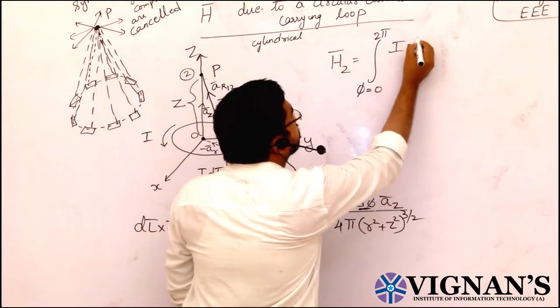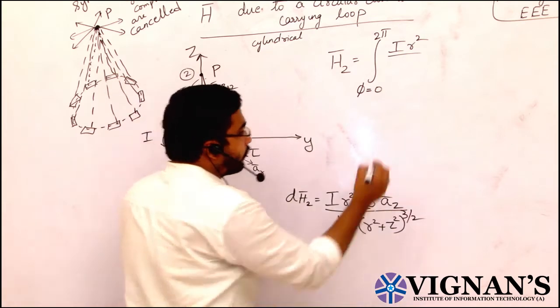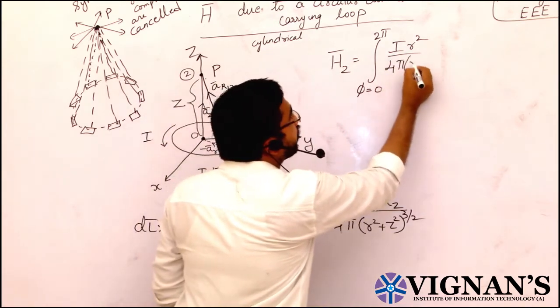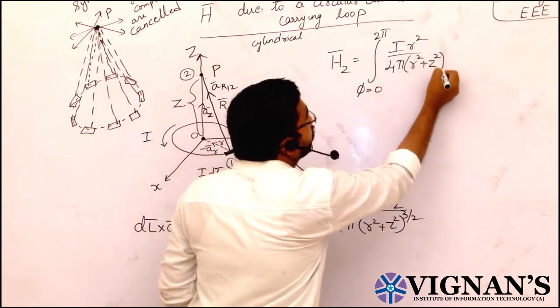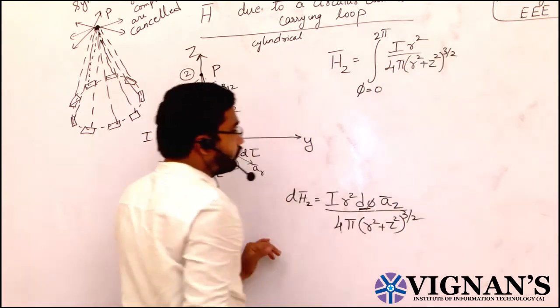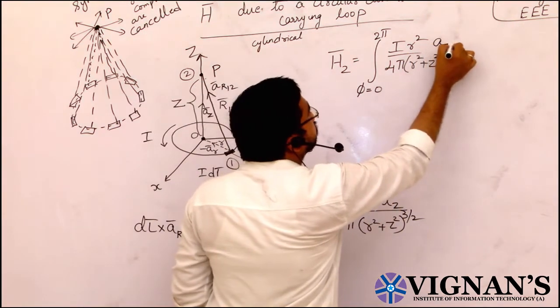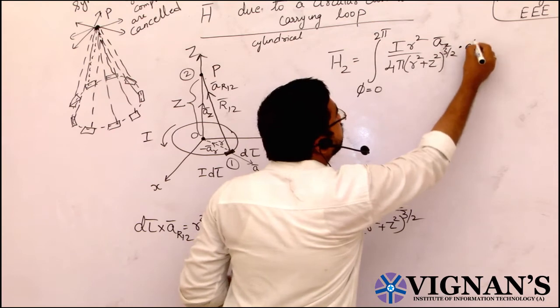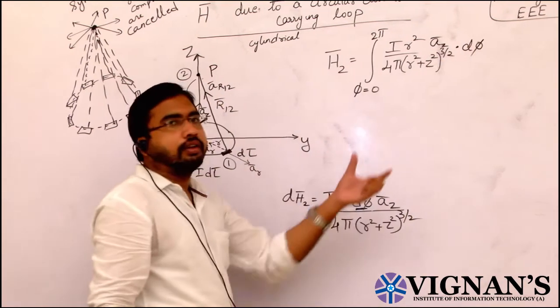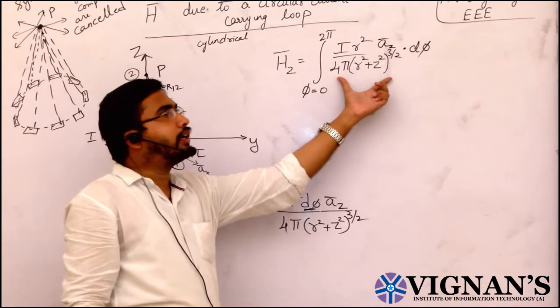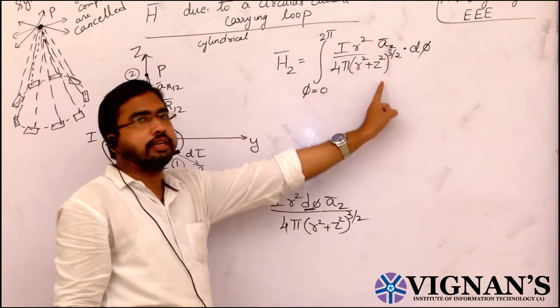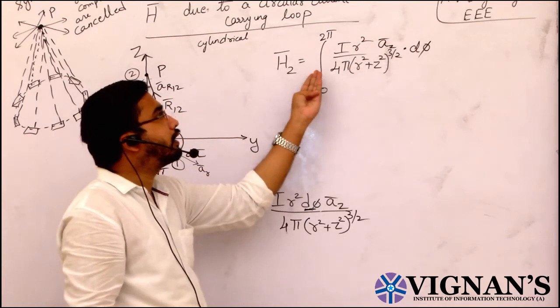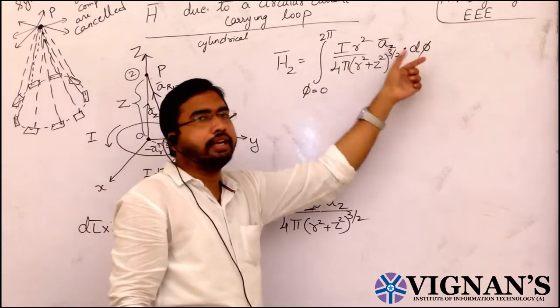So I r square by 4 pi into r square plus z square whole power 3 by 2 Az bar. The only variable term is d phi. Everything else is constant here because all these are r and z terms. The only phi term present is integral 1 d phi that is left out.